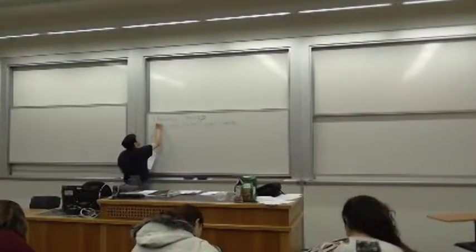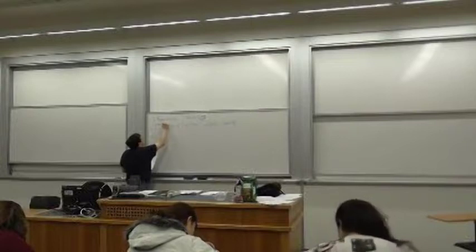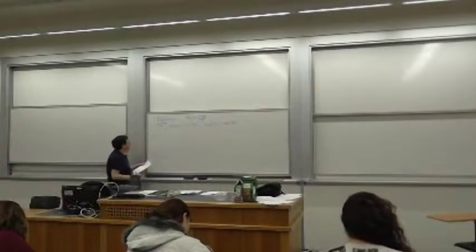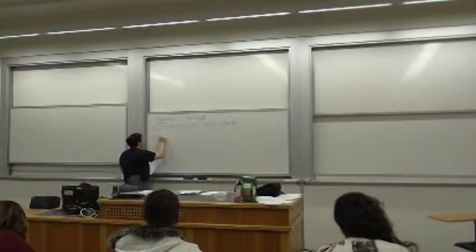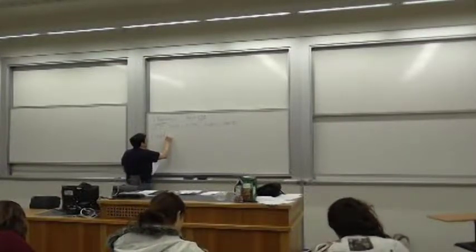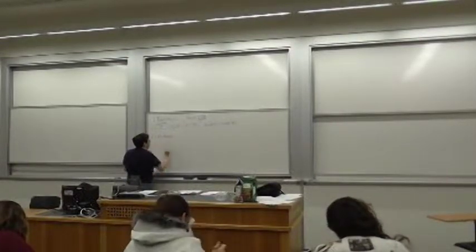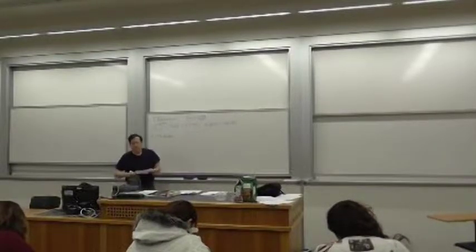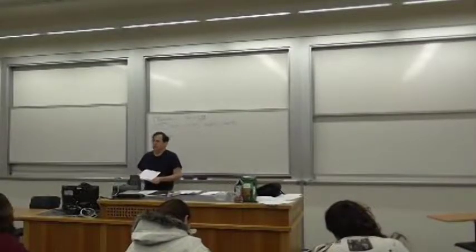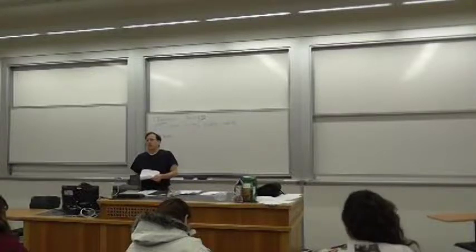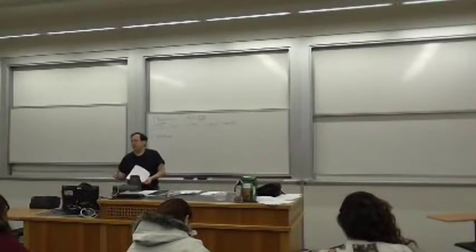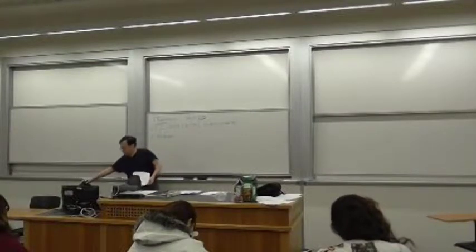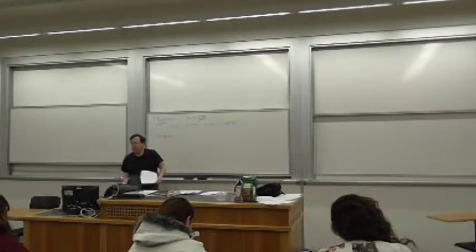I guess I should write here, odd, even. We finished on Monday talking about the co-function identities. Co in this case you can think of as complementary, right? Relationships between the angles that would be the smaller angles of a right triangle.